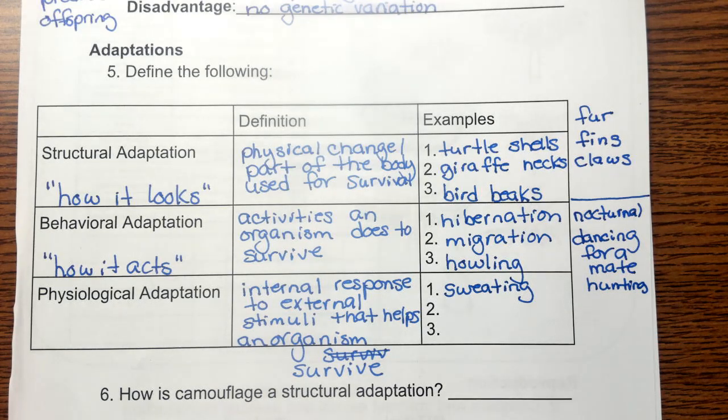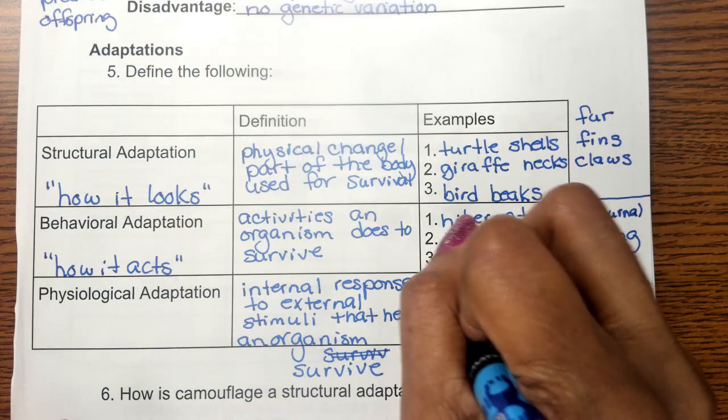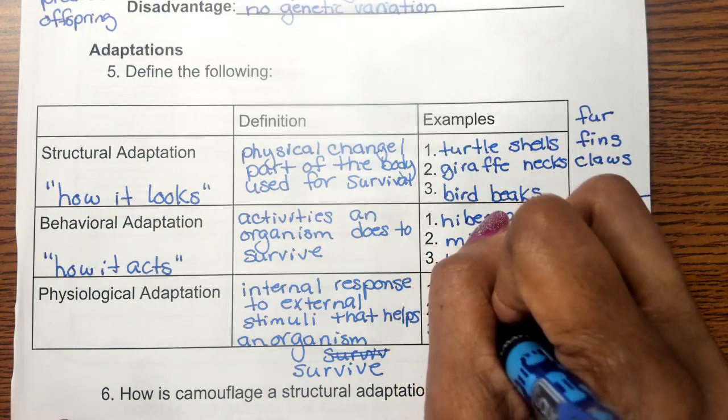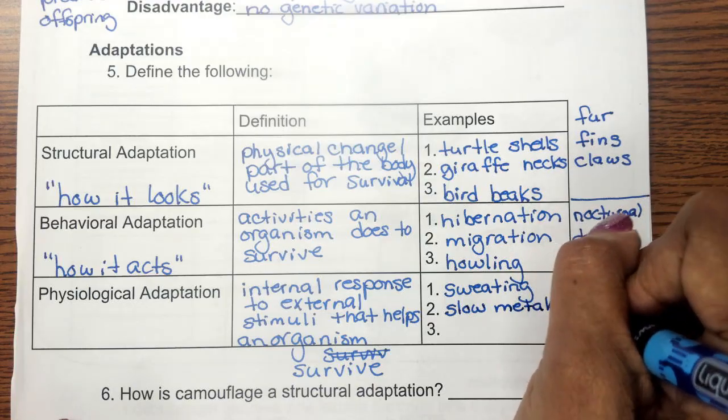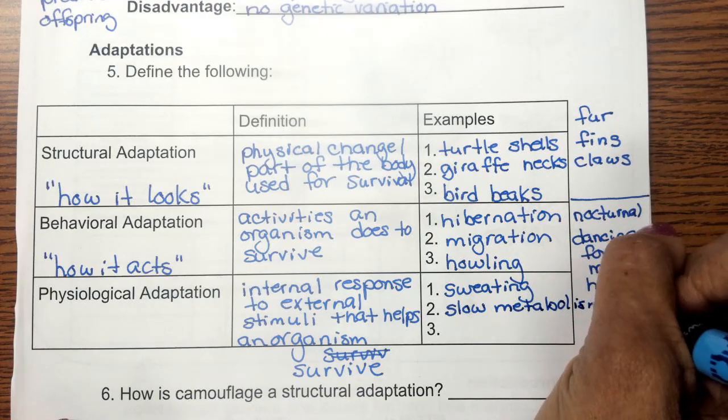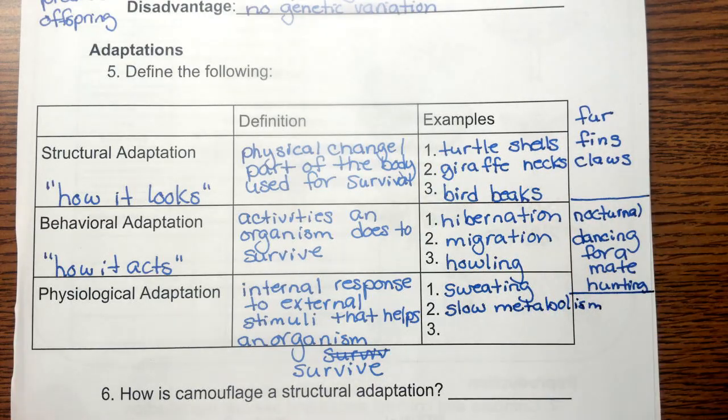Another one is slow metabolism. That's when an animal can slow down. If there's a lack of food, its body's metabolism will automatically slow down to conserve energy, so that animal doesn't have to eat.